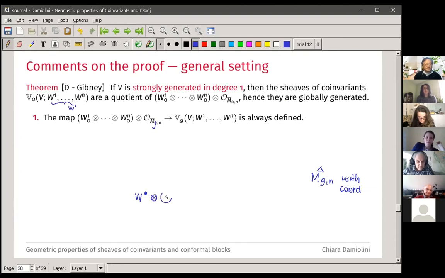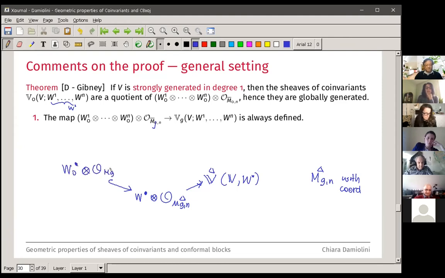So we know that, if I fix coordinates, the sheaf of coinvariants is a quotient of this space, and this admits a map from this bundle.